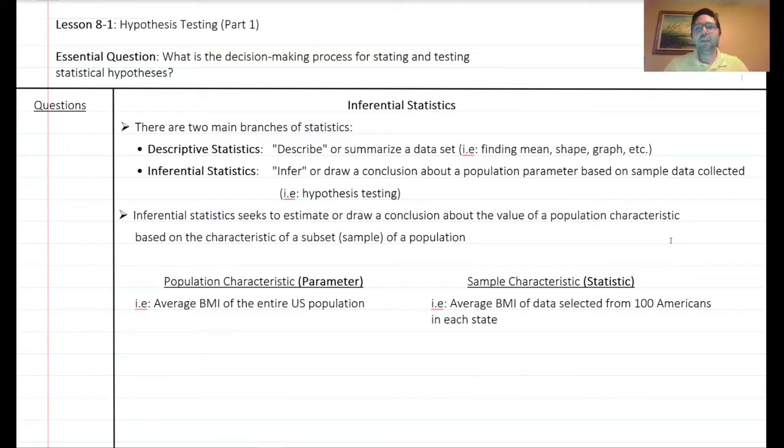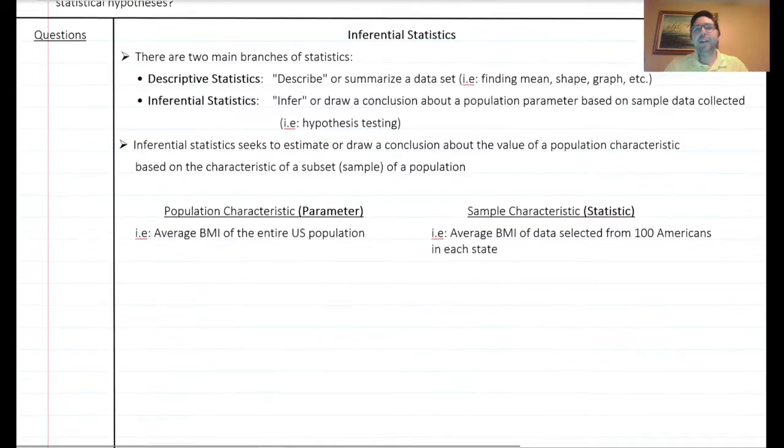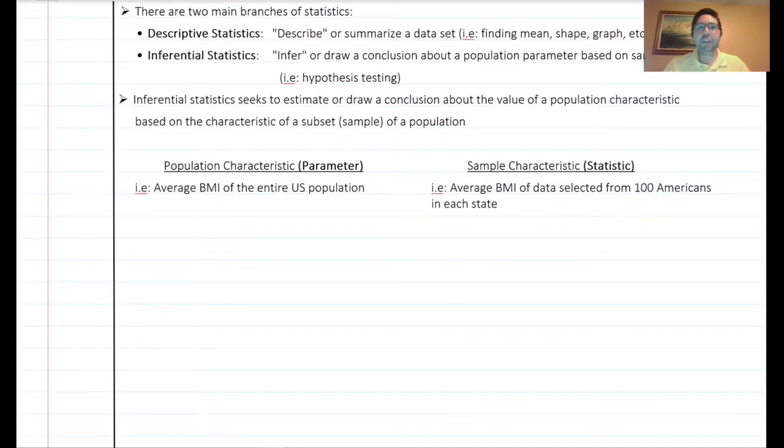So let's go ahead and introduce an example. Let's say that we're interested in the US population, and, now that I think of it, I could have used a virus example, but just keeping things not current, let's talk about BMI. Let's talk about the average BMI of the entire US population.